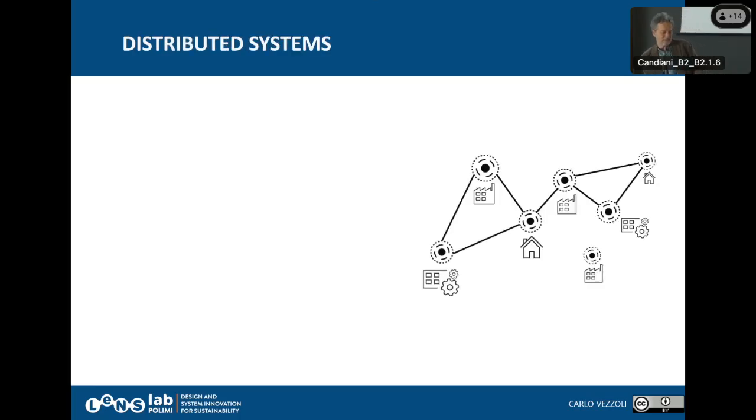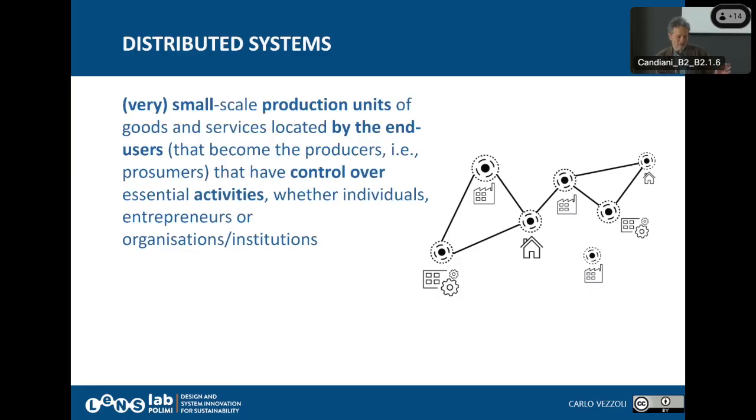And here we see a distributed system, so really distributed, the difference from the centralized. We have very small-scale production units of goods and services located by the end user, not nearby, by the end user. So it's on my roof, it's in my garden when I'm cultivating, okay? Or when I'm harvesting the water, or when I'm 3D printing, it's in my garage.